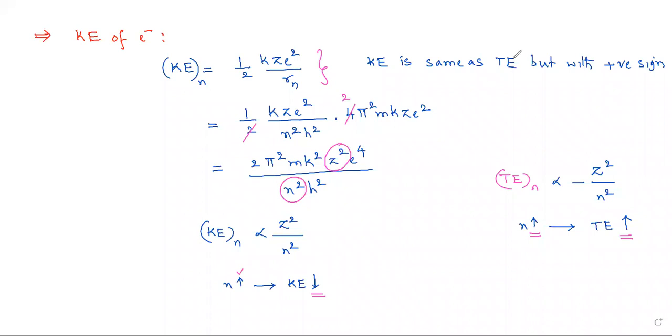Okay. Now, let us consider potential energy. Now, potential energy of electron in nth orbit, we know that it is minus k z e square by r.